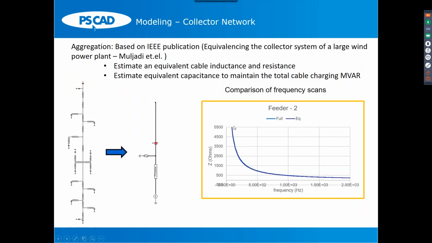In this case, I have shown you the comparison of the harmonic impedance from around 0 Hertz to about 2 kilohertz, right? 60 Hertz or 50 Hertz is somewhere here, and so on. The impedance is high because we are doing this comparison on an open cable. When you connect it to wind turbines, of course, the equivalent series impedance will be much, much lower.